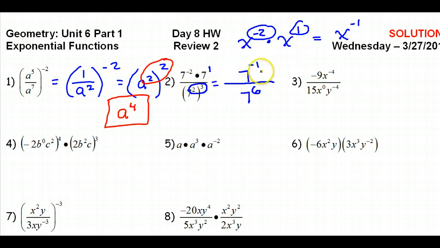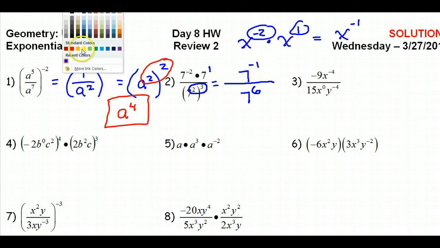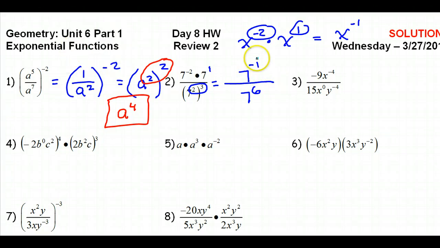Now it's time to do this. If you have a negative exponent on something, that tells you that the expression is on the wrong side of the fraction. So we can just take this and move it to the denominator. That's going to drop down as 7 to the 1 power in the bottom.